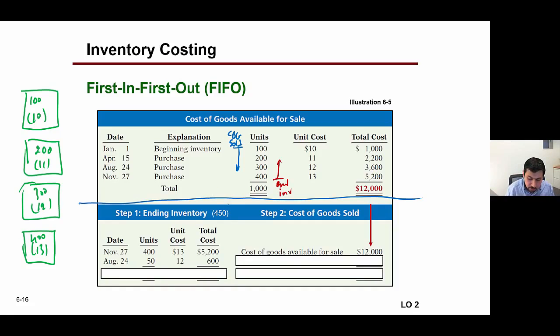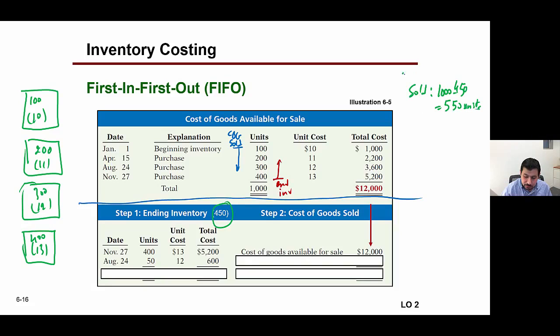Here, according to the physical inventory, when we took the physical inventory, the company found that they have an ending inventory of 450 units. So we know that the company actually sold 1000 minus 450, which is equal to 550 units.